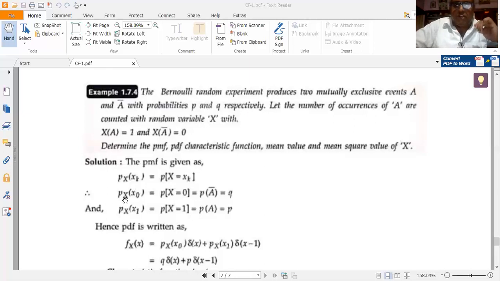Probability of X equal to 0 corresponds to the count where X of A bar is equal to 0. So this is how we write the data based upon the given problem statement.